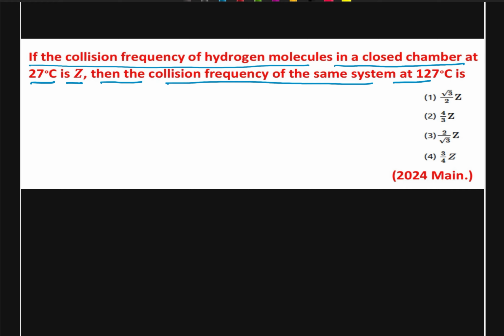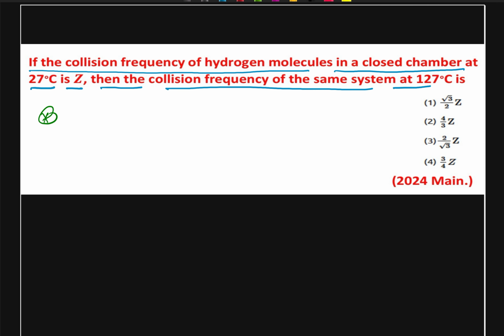And we know that our average speed is proportional to the square root of temperature. Therefore, we can say that our collision frequency will be directly proportional to the square root of temperature. So based on this, we can divide that into two parts.